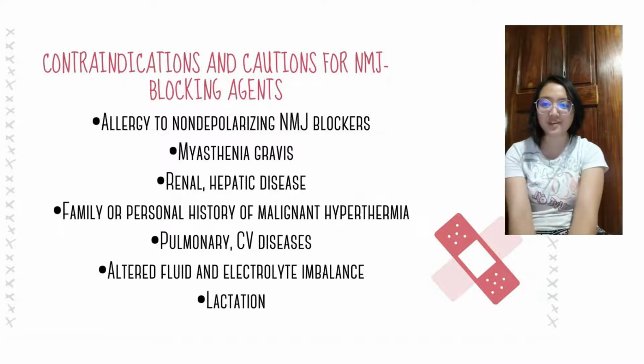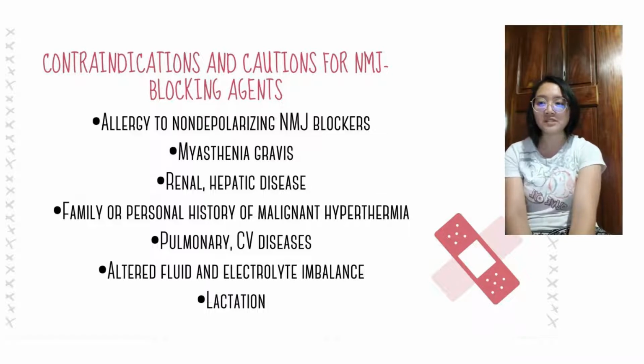Okay, so next we have here the family or personal history of malignant hyperthermia. The characteristics include extreme muscle rigidity, severe fever, acidosis, and death. So it can occur with the use of NMJ blockers.